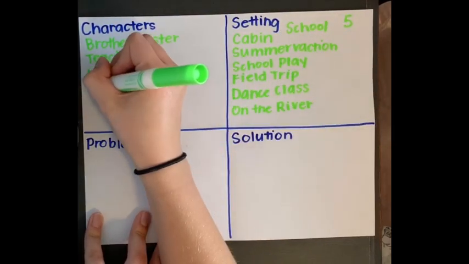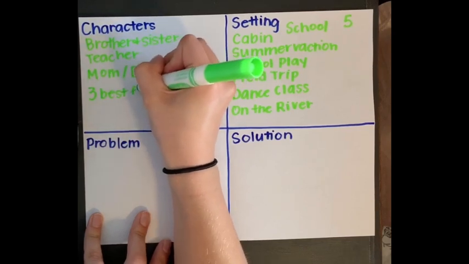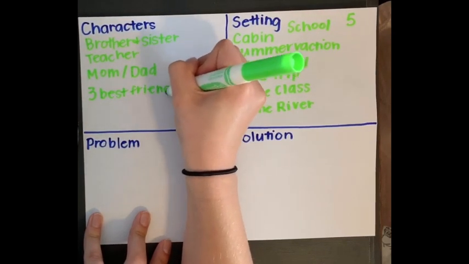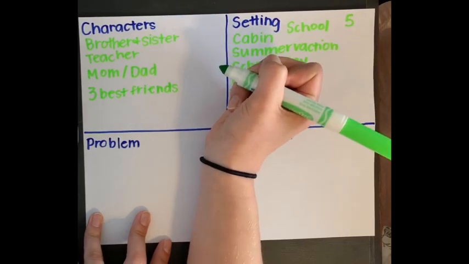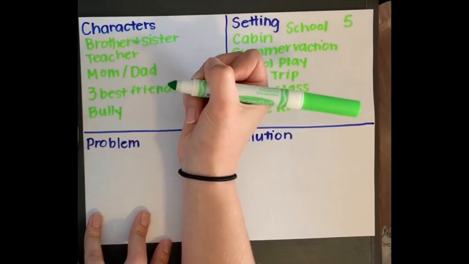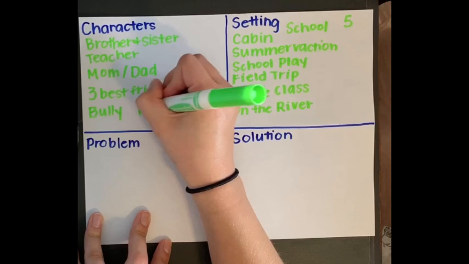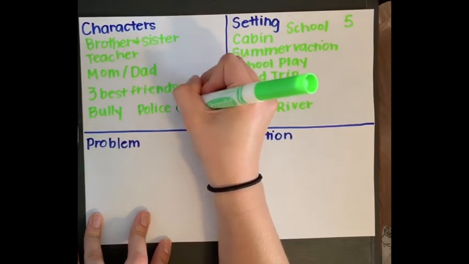I could talk about maybe I had 3 best friends growing up, so I might write about 3 best friends. Oh, maybe a bully at school. Another character could be maybe a police officer.